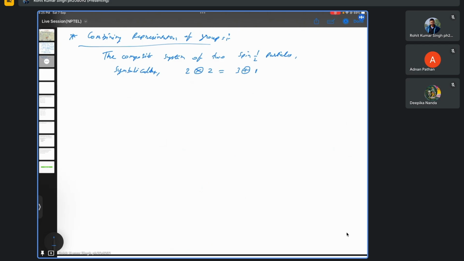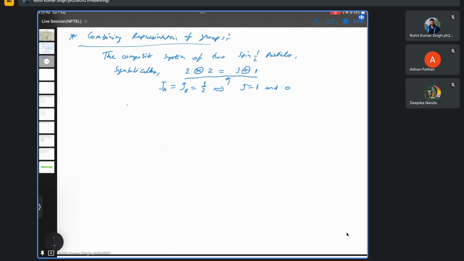So what does it mean? Suppose two particles of spin half can be grouped together with J equal to 1 and J equal to 0, right? J here is the spin, and this is symbolically represented by this expression, okay.